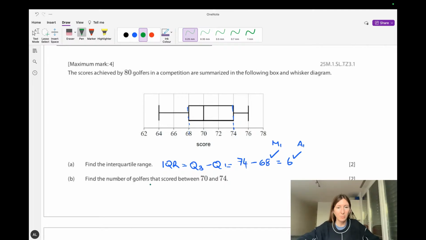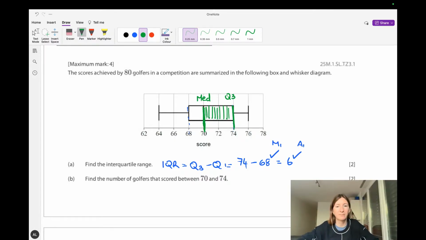Now, this one: find the number of golfers that scored between 70 and 74. So between 70, what value is that? That's my median. And 74, that's my quartile 3. So how much data is in this part here between median and quartile 3?